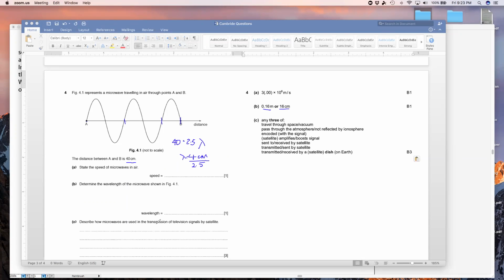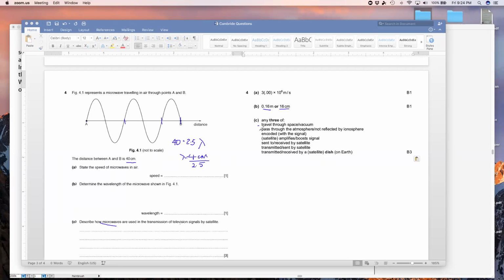Describe how microwaves are used in the transmission of television signal by satellite. And here there's a whole host of reasons. I already highlighted why we use microwaves to transmit television signal, because it has to go through the vacuum of space. Only electromagnetic waves could travel through space. But there are several others. The first one is that.